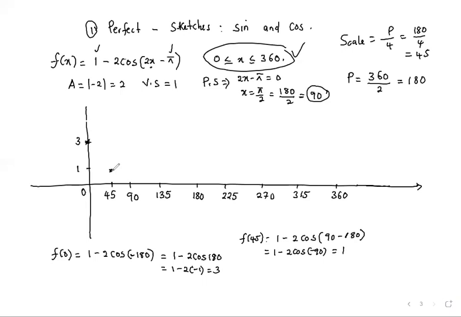Then substitute 90. So what is f of 90? F of 90 will be 1 minus 2 cos 0, because 2 times 90 is 180, 180 minus 180 is 0. And cos 0 is 1. So we'll have 1 minus 2, which is equal to minus 1.